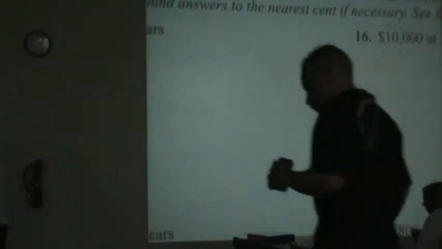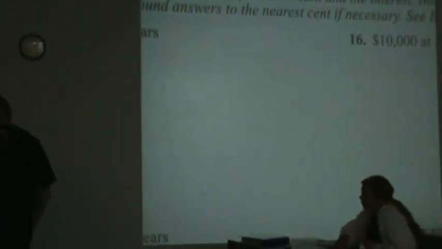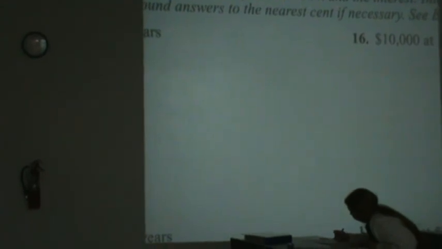Okay, let's use that table. Look at one of the problems here. Number 17 says $8,000 at 6% for 10 years. So you know you're going to do $8,000. Now find 6% for 10 years.